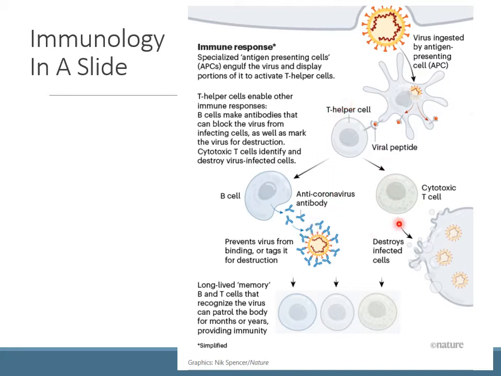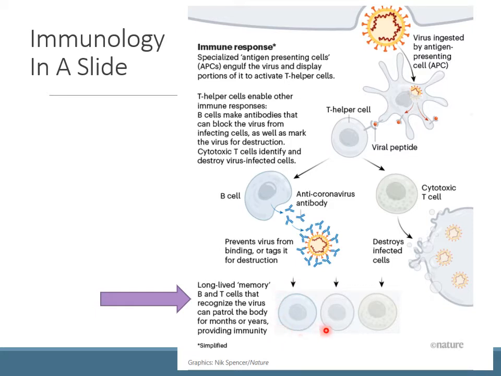T cells are also a part of the immune response. Cytotoxic T cells will actually destroy virally infected cells. They recognize antigens presented to them, they recognize that cells are infected, and they destroy them. The important thing with vaccines is that the immune response and some of these B and T cells become long-lived memory cells.